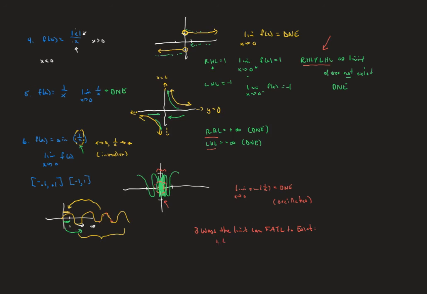The first one is that the left-hand limit is not the same as the right-hand limit. The second one is it can go to infinity on one side or the other or both. It doesn't matter if they go to the same infinity or not. And the third way is what we call an oscillation. Very good. We'll build on this in the next few days.